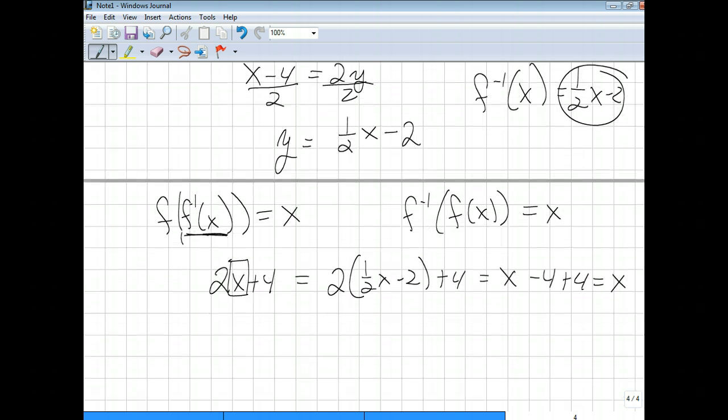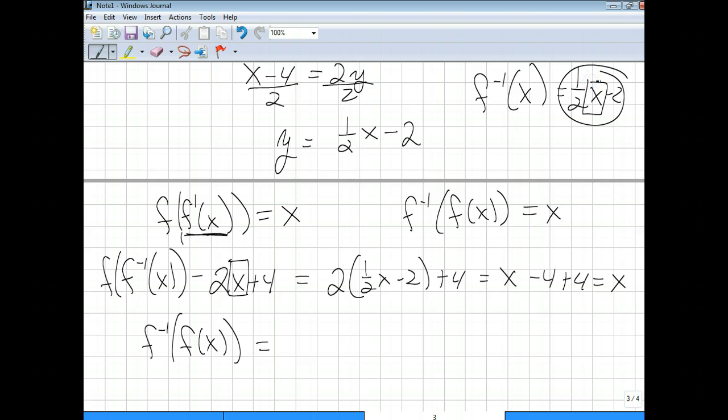But it also has to be true the other way. So now I'm going to do f inverse of f of x. In the inverse function, I am going to replace x with f of x.